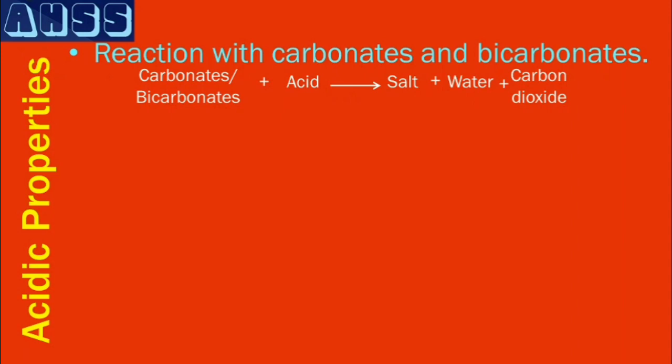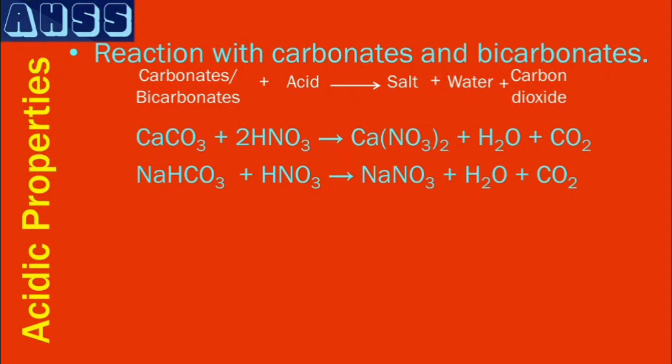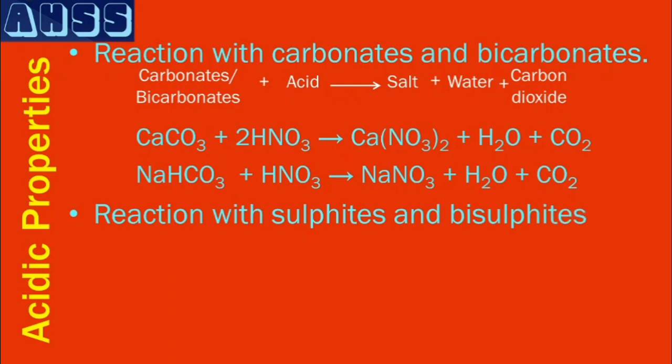For example, when calcium carbonate reacts with nitric acid, it gives calcium nitrate, water and carbon dioxide. When sodium bicarbonate reacts with nitric acid, it gives sodium nitrate, water and carbon dioxide gas. So all other carbonates and bicarbonates give carbon dioxide.